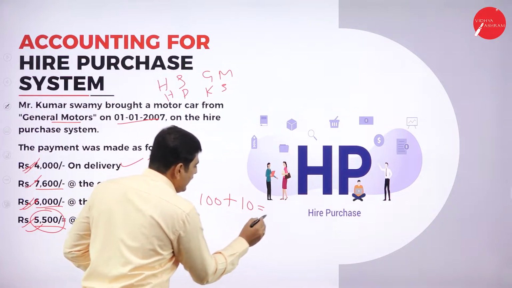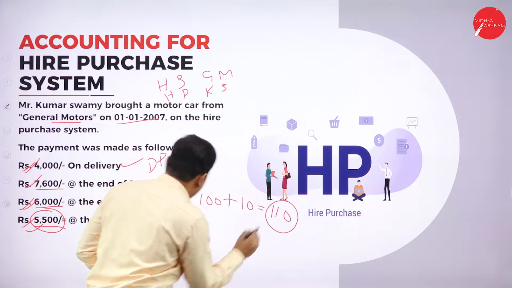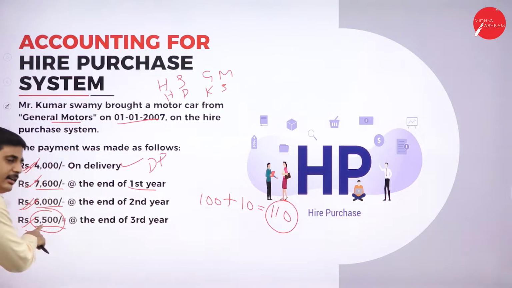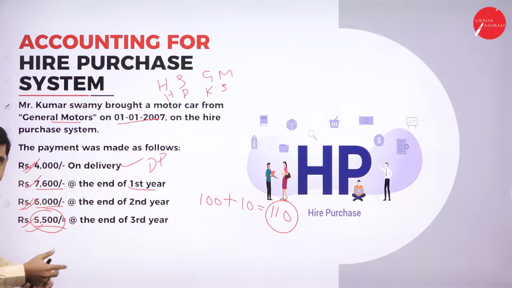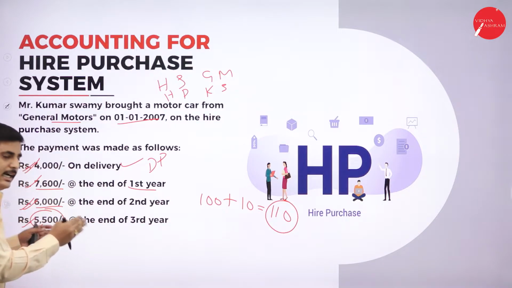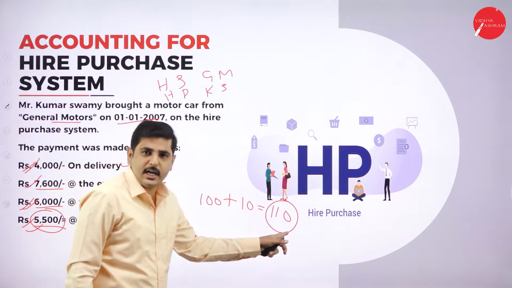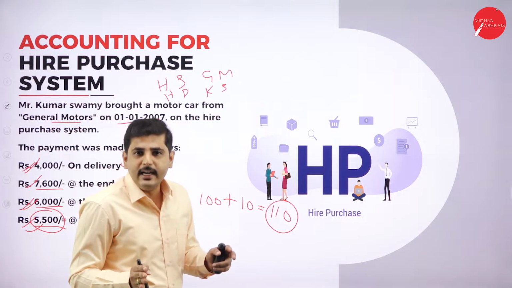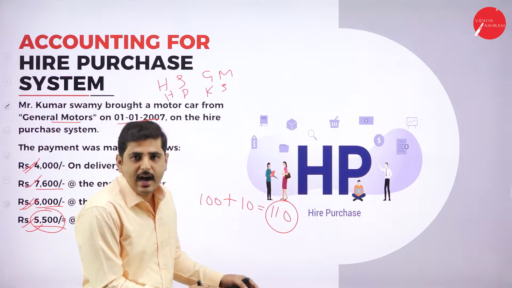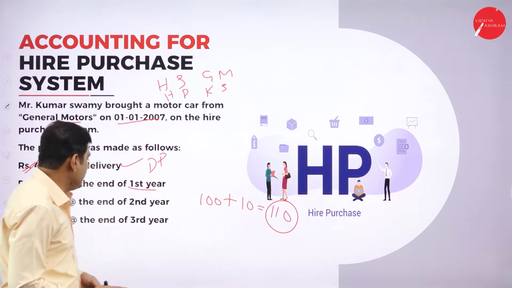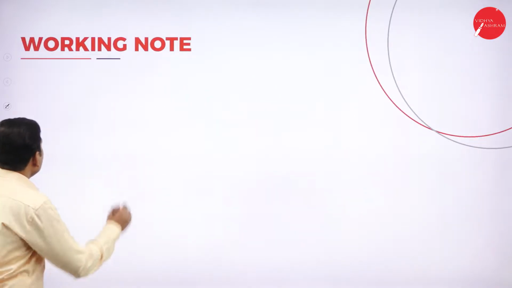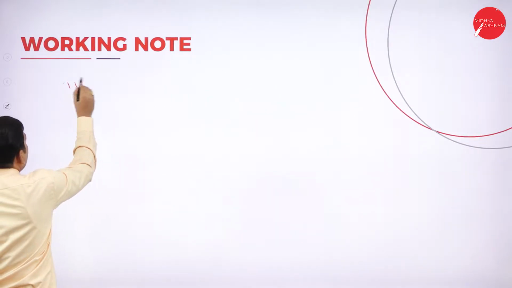That means 110% is the amount they have given. This is 110%. This is not 100% of the installment. That means principal plus interest equals the installment. So we have to exclude the interest in order to calculate the actual asset price. Let's calculate. So, third year installment.